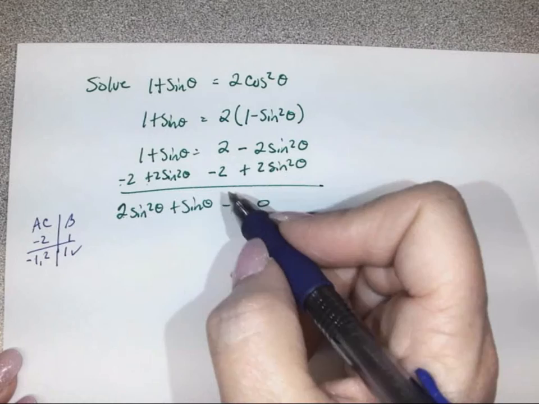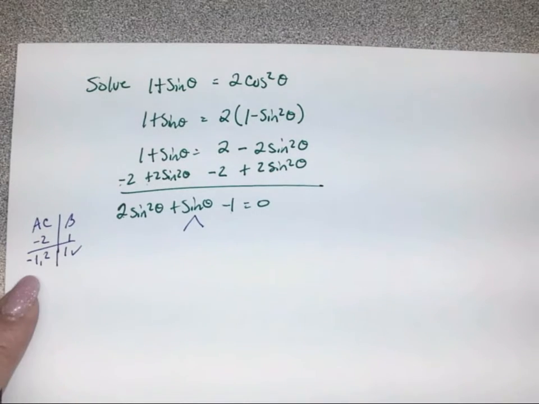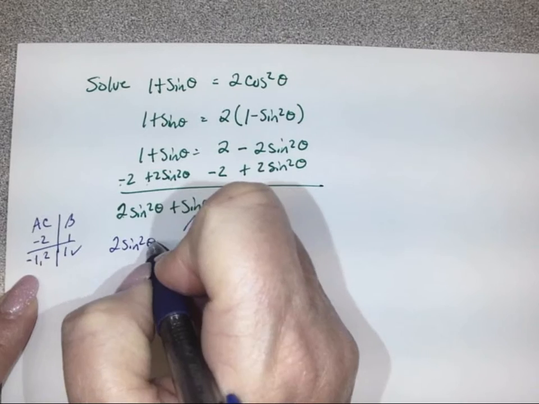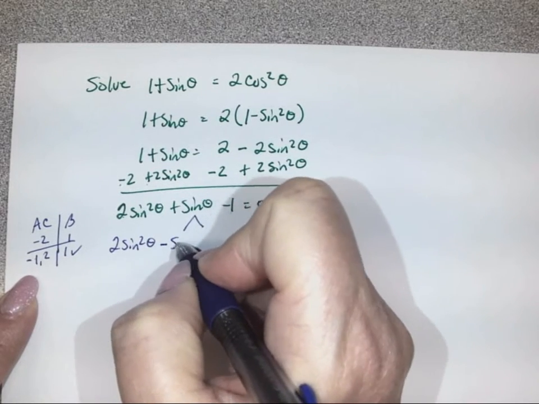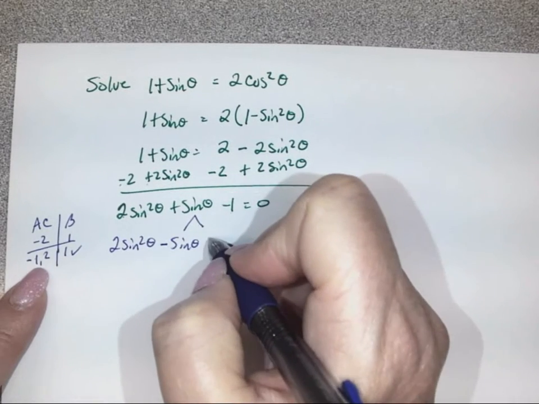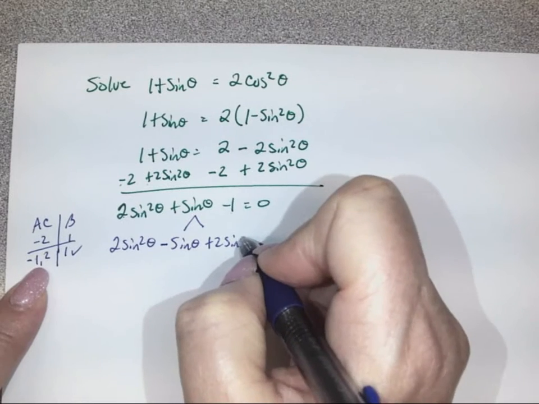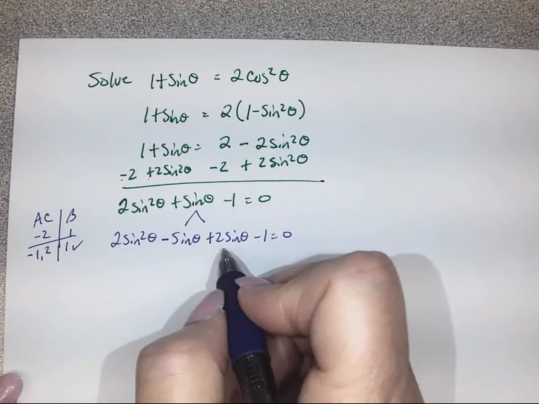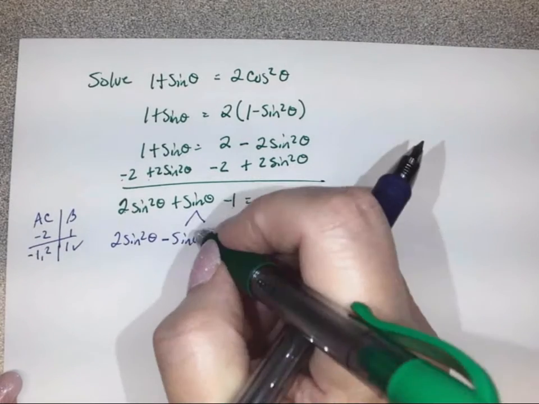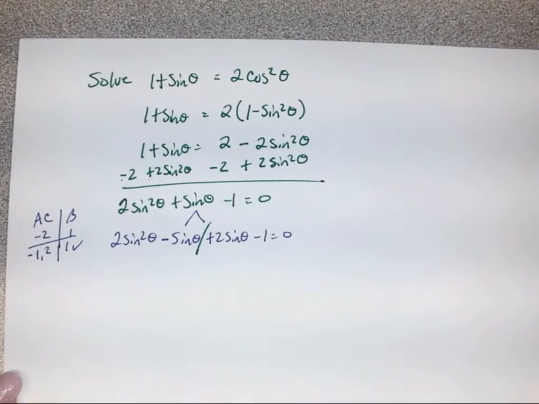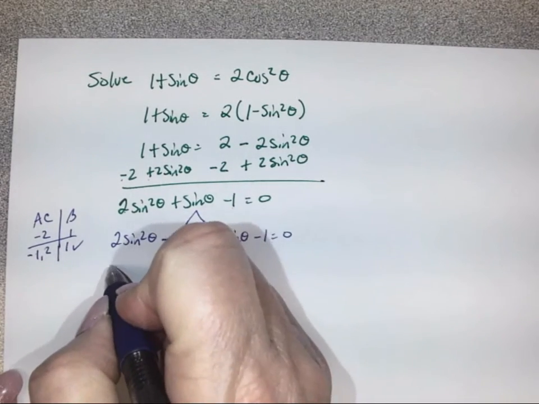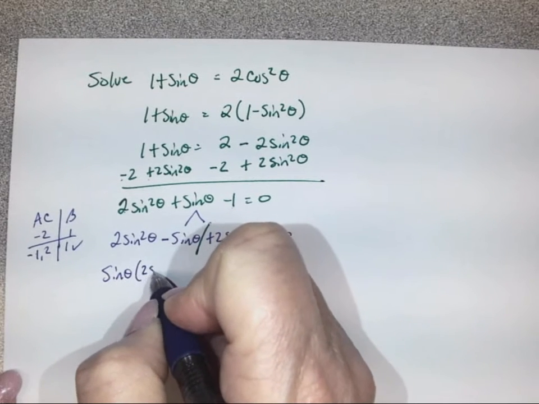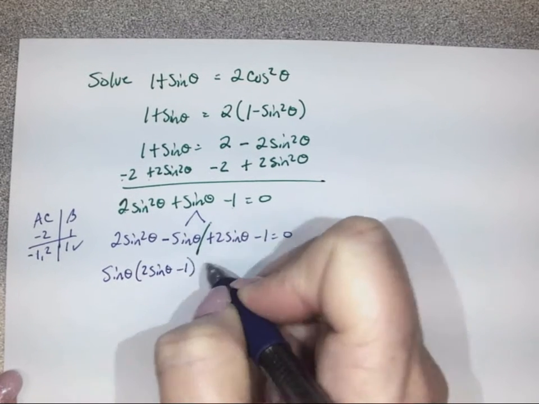So now I can rewrite that term using negative 1 and 2. So we'll have 2 sine squared theta minus sine theta plus 2 sine theta minus 1 equals 0. And then I'm going to do just like I normally would. I have 4 terms. I'm going to factor by grouping. I can factor out a sine theta and get 2 sine theta minus 1.